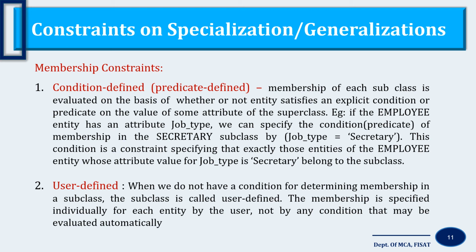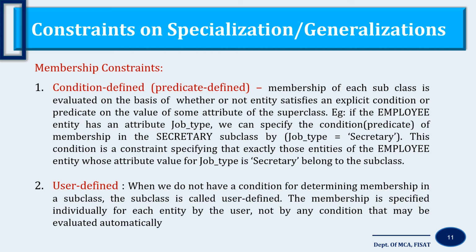We can specify the condition of membership in a subclass by stating the condition as job type is equal to secretary. This condition is a constraint specifying that exactly those entities of the employee entity whose attribute value for job type is secretary belong to the subclass. If the condition is satisfied, that particular entity will be assigned to the subclass.